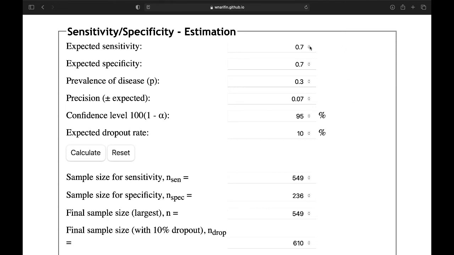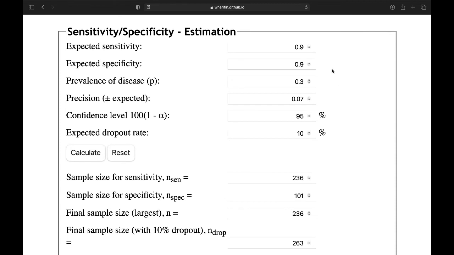Let us say that our sensitivity is 80% and specificity is 80%, and with the same prevalence, calculate the sample size. It will be reduced. Obviously, if we increase sensitivity and specificity further, we are going towards a very good test which has such a high sensitivity and such a high specificity, right? Then your sample size will be further less.